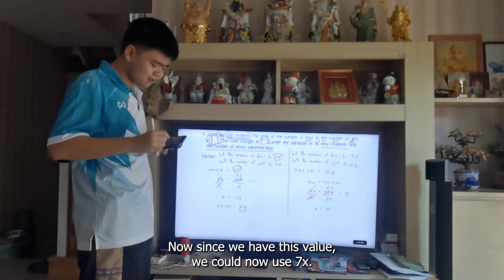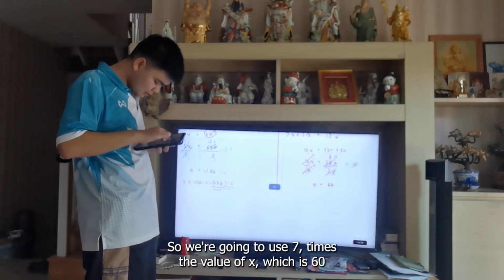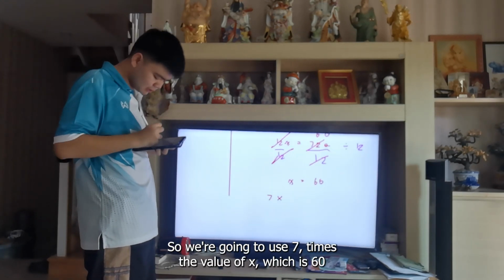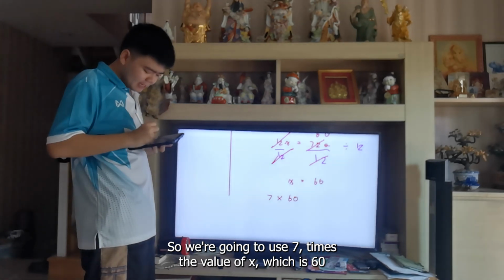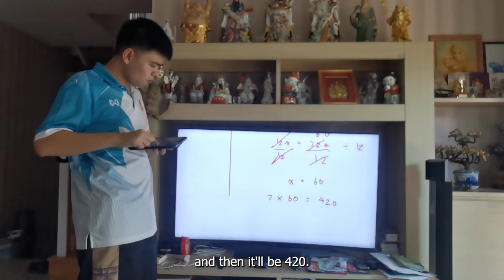Now, since we have this value, we can use 7x. So we use 7 times the value of x, which is 60, and that equals 420.